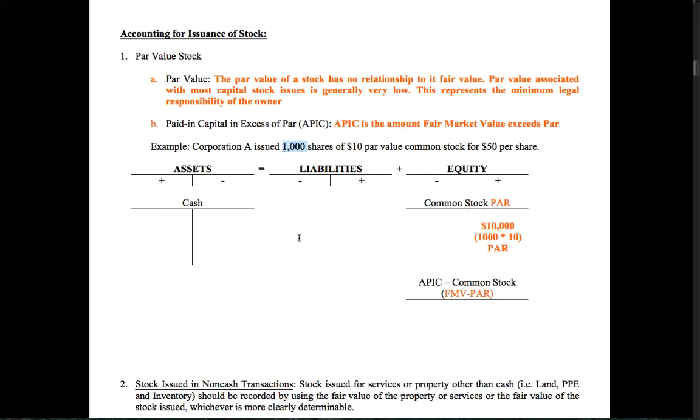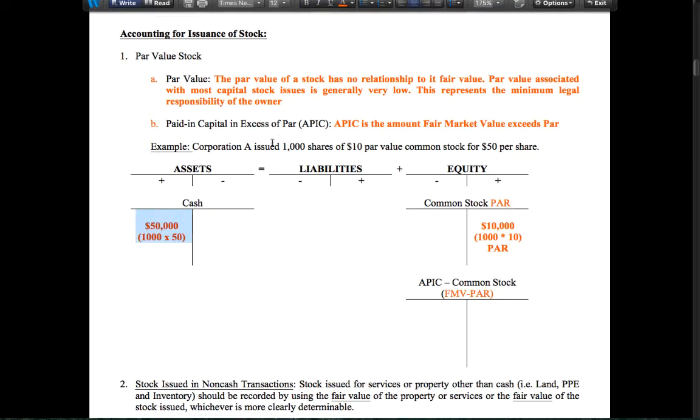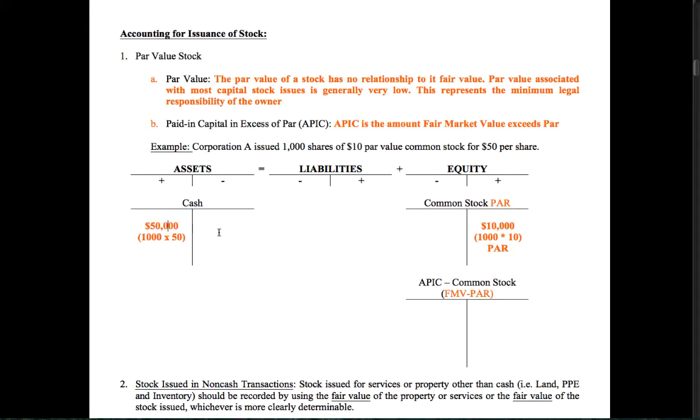Next, we know that we issued 1,000 shares and we received $50 per share. Therefore, we received $50,000 in cash for issuing these 1,000 shares. Therefore, to balance our T account, as you see above here, assets equals liabilities and owner's equity, we need to have a credit entry to additional paid in capital for common stock equal to $40,000.